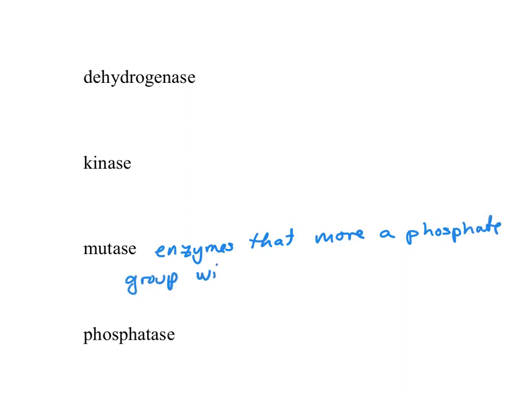Not from molecule to molecule, that would be group transfer, that would be a kinase. In this case, it's within one molecule. Now, I do have to tell you that when we say it's a phosphate moving, it actually can be a lot of different types of groups moving, but in this class, it's pretty much always going to be a phosphate, so we'll leave it at that.